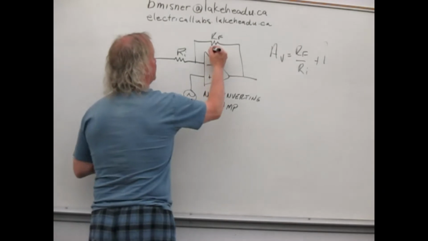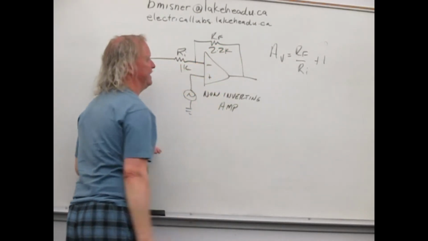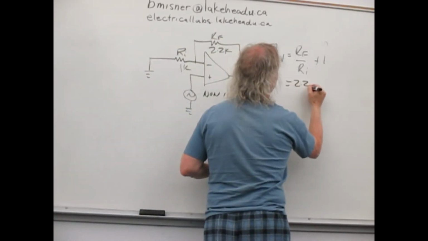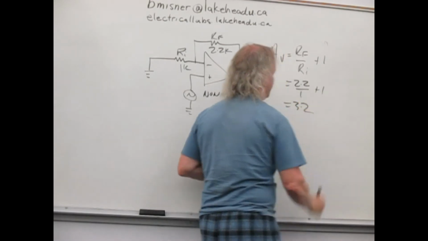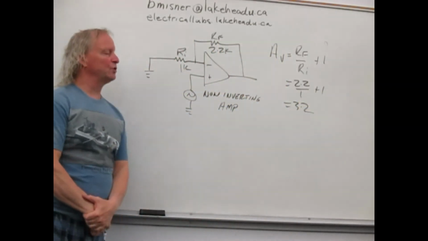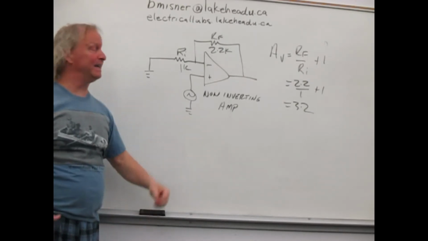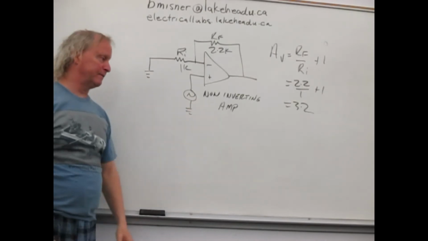In this case, we're going to use 2.2K. This is going to be 1K again. So this is going to be 2.2 over 1 plus 1. So the gain is going to be 3.2, so it's almost the same gain, amplitude-wise, as the inverting one.